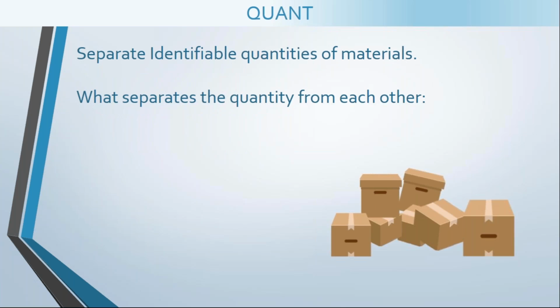To understand the quant, let's first start with the definition. Of course, we would not understand much from it, but with due course of time, maybe it would start making sense. The quant definition is: separate identifiable quantities of materials. What does it mean?